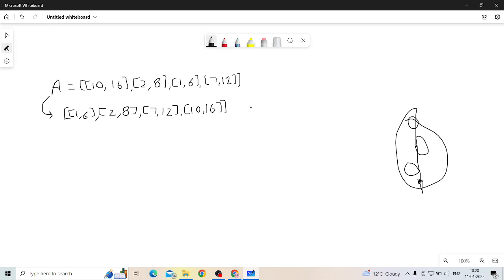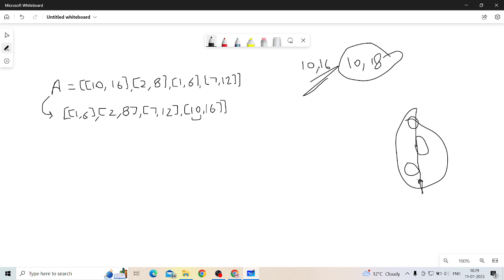If there are two points having the same x coordinate, like 10, 16 and 10, 18, what do we have to do? We will take this point before this point. So we will sort the array.